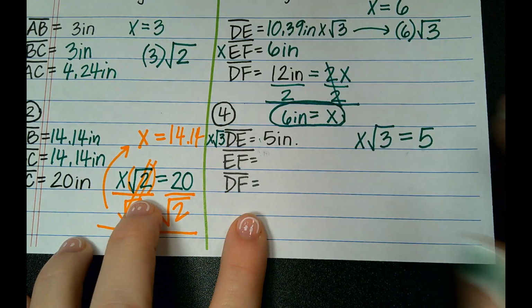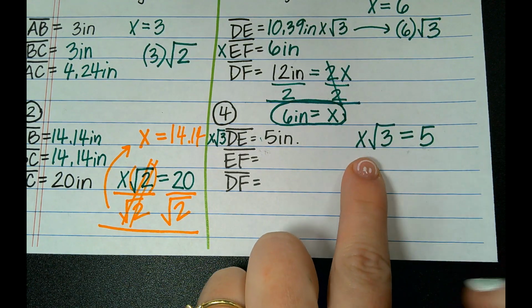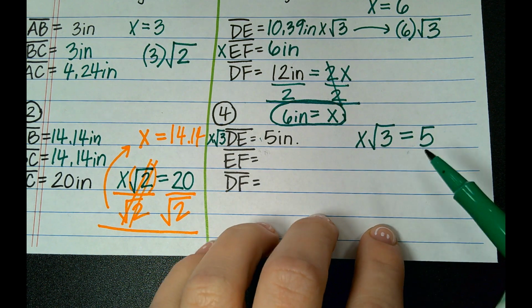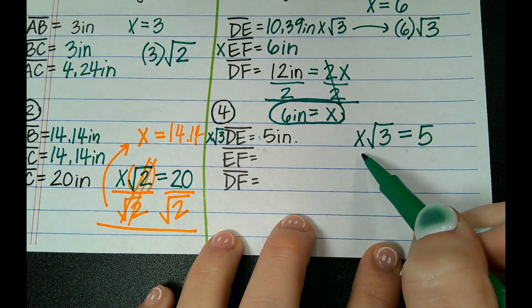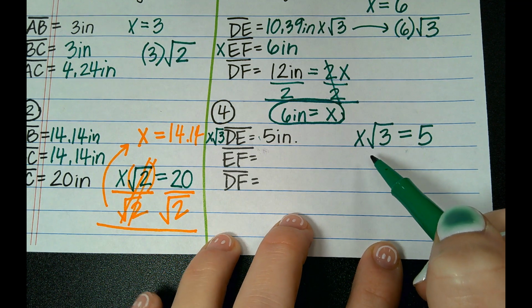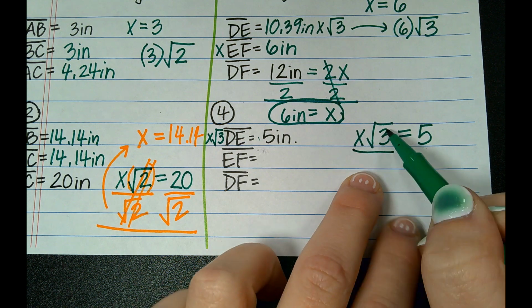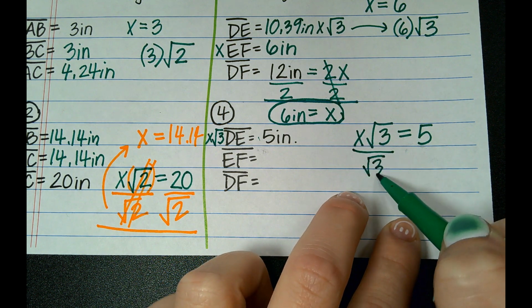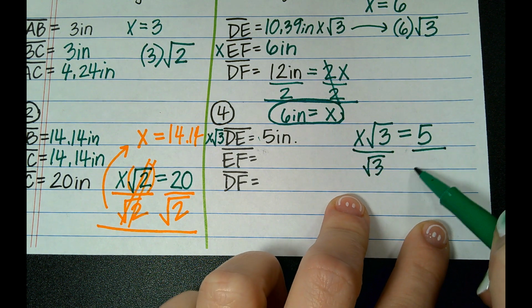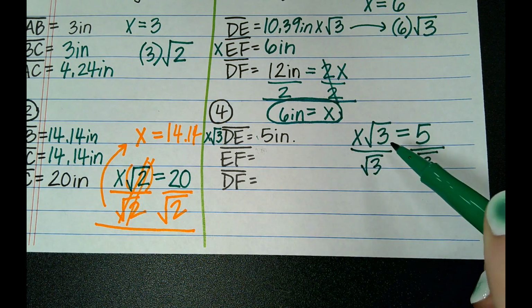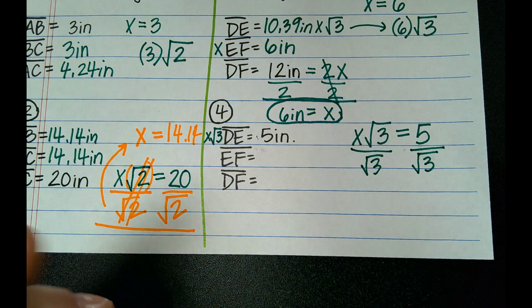Yes, so we can use some reasoning by looking back and saying, well, if DE is equal to this, and DE is also equal to that, then this is equal to that. Okay, so now, Erica, your step comes in. What did you do here? I plugged it into the calculator. 5 divided by the square root of 3. Perfect. So what would happen here is we would divide by the square root of 3 to get x by itself, or 5 over radical 3.